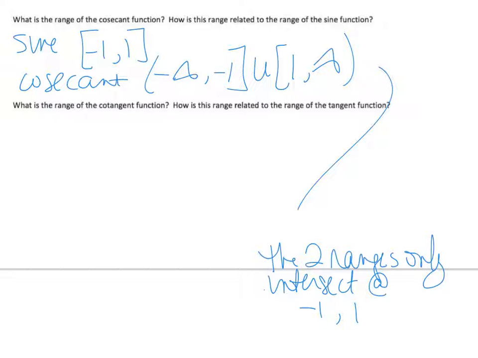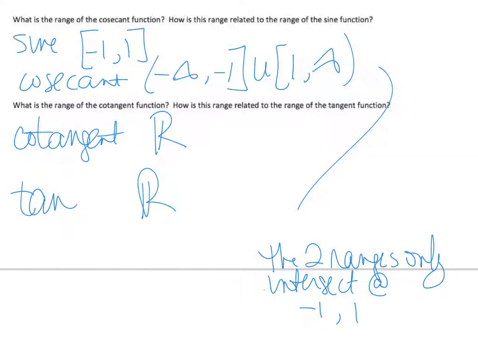What is the range of the cotangent function? How is the range related to the range of the tangent function? The range of the cotangent function is all real numbers. And that's the same as the range of the tangent function. The tangent function has a range of all real numbers.